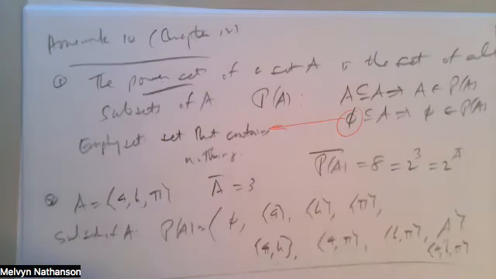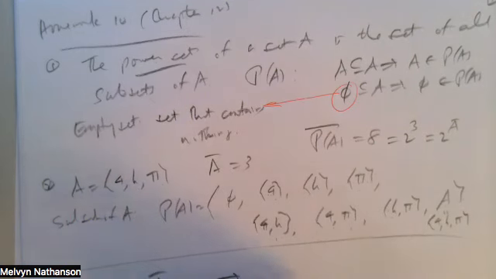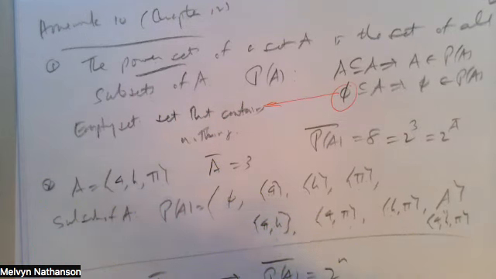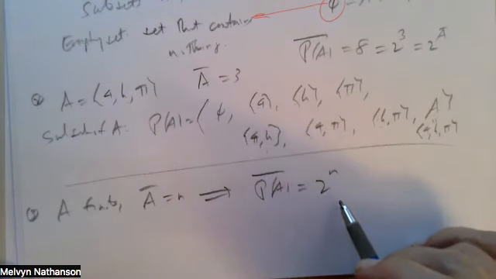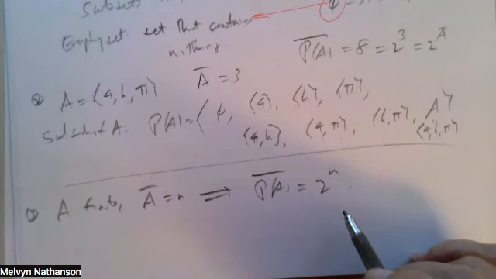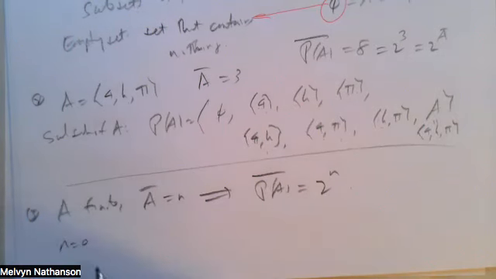And in fact, the next problem is to prove that if A is finite and the cardinality of A is n, then the power set of A always contains 2 to the n elements. There are lots of ways to prove it. Let's look at the simplest examples. Suppose n is 0.